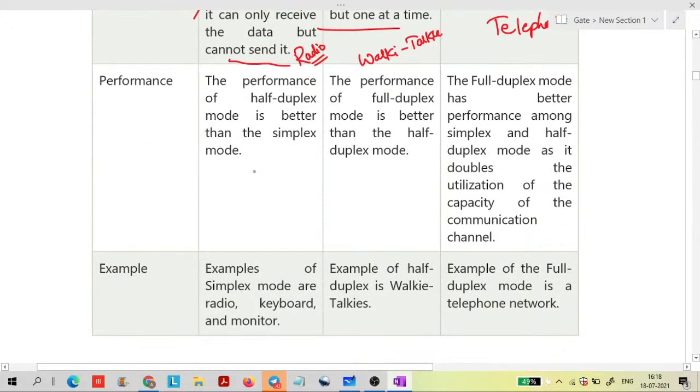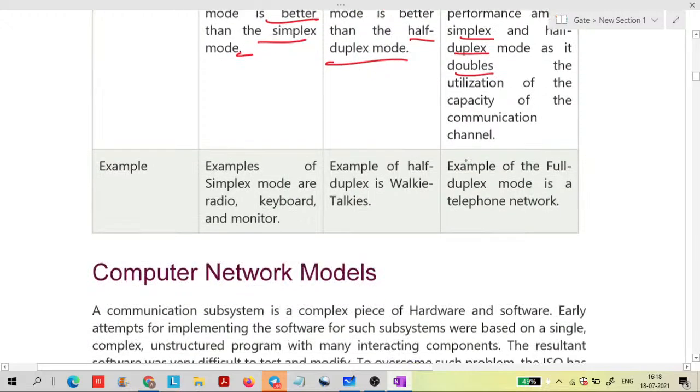The performance of half duplex mode is better than simplex, and the performance of full duplex mode is better than half duplex mode, as it doubles the utilization capacity of the communication channel.